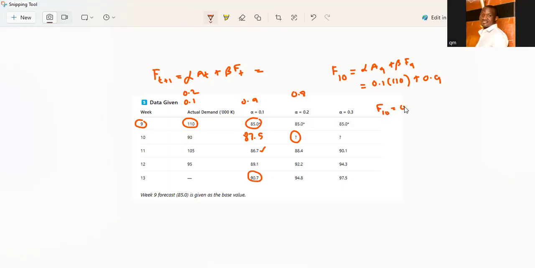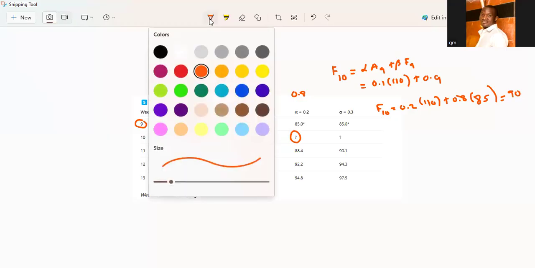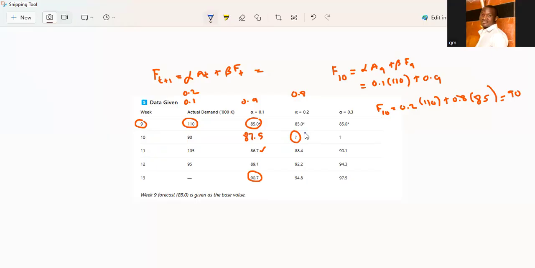It will be 0.2 against 110, and the remainder from 1, 0.8, times the forecast, which is 85. When you compute that, you get 22 plus 68, which is exactly 90. So where do you put the 90? The 90 will be here.